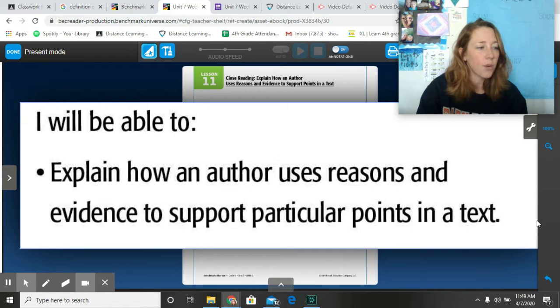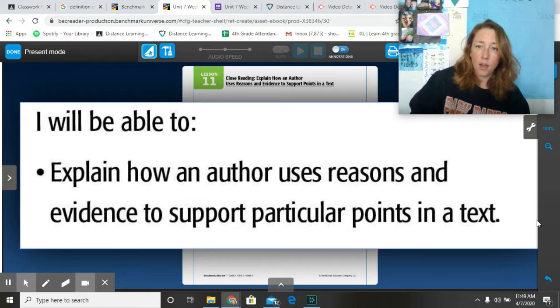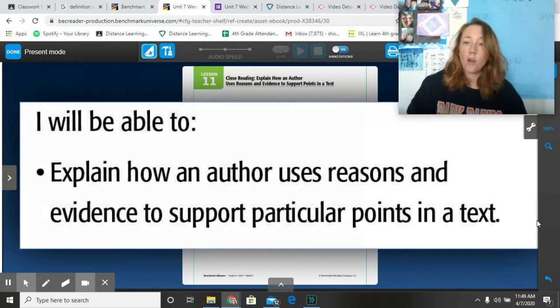We're talking about how an author uses reasons and evidence to support particular points in a text. So we're going to analyze the images in this and how they support what is written in the paragraphs.